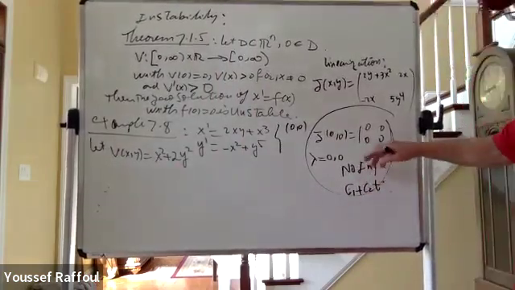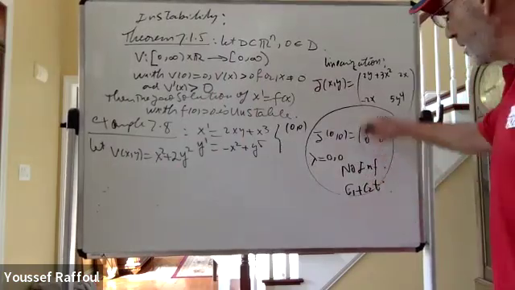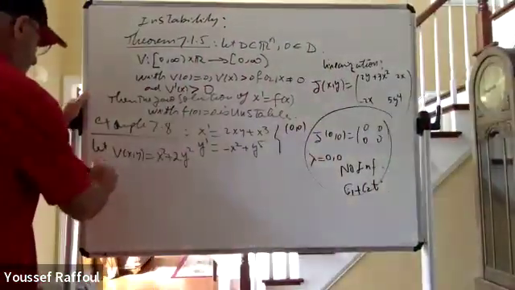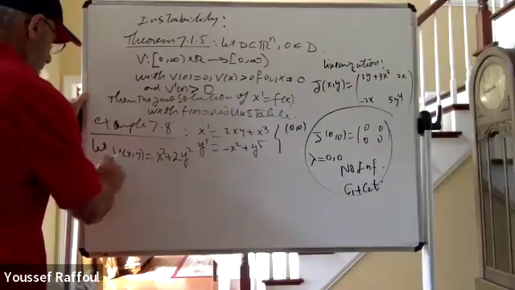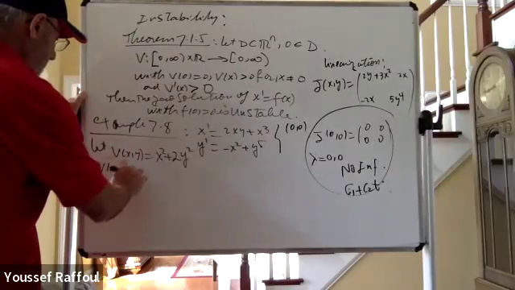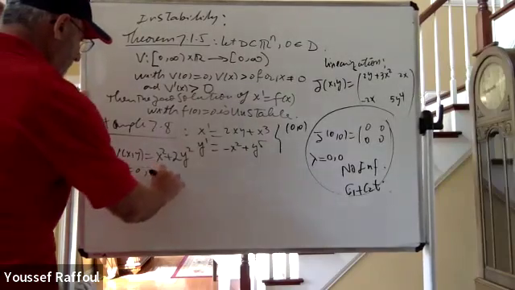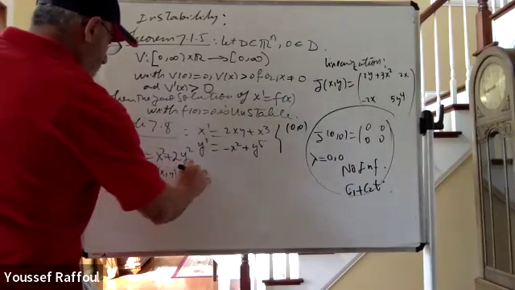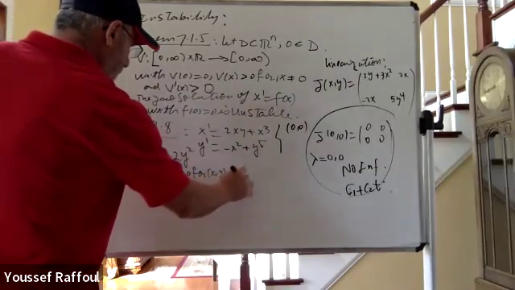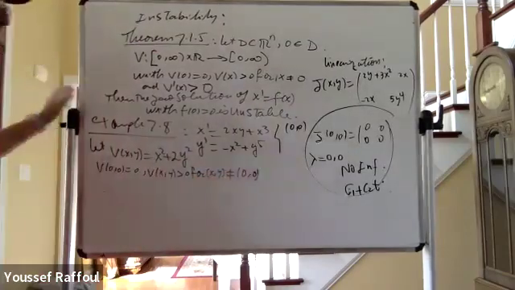But this is not an affirmative answer. The linearization says nothing. So V of 0, 0 is 0, and V of x, y is positive for x, y different from 0, 0.